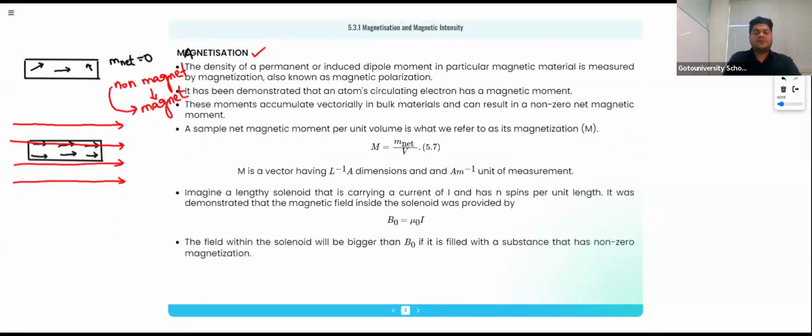Once more: the process in which a non-magnet is converted into a magnet is called magnetization, and the external magnetic field which is responsible for magnetization is called magnetic intensity.